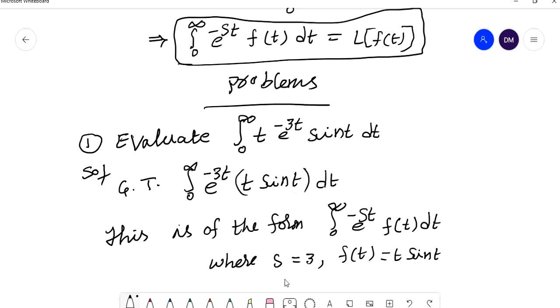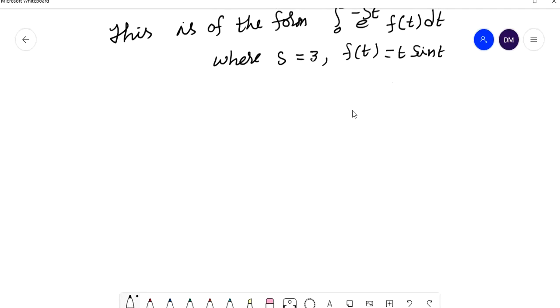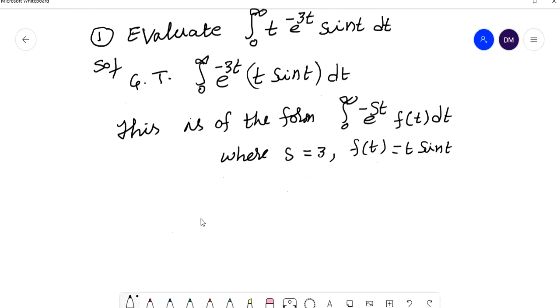Now this integral is in the form of integral 0 to infinity e power minus st f of t dt. So if the integral is in this form, by using the definition of Laplace transform it can be written as L of f of t.